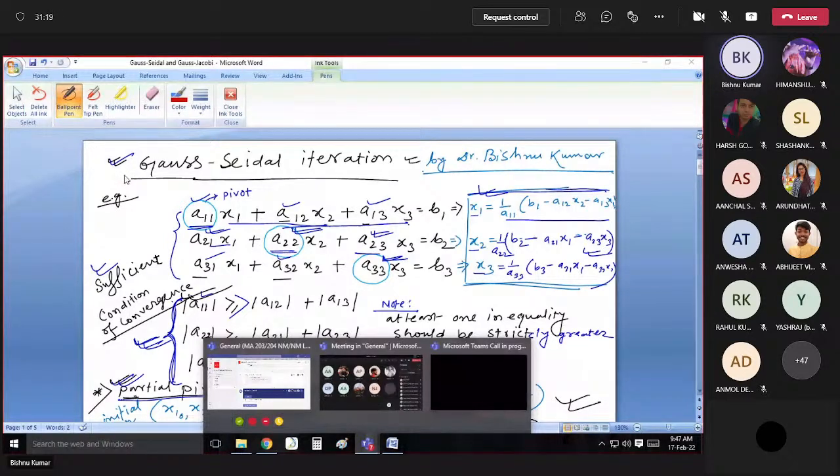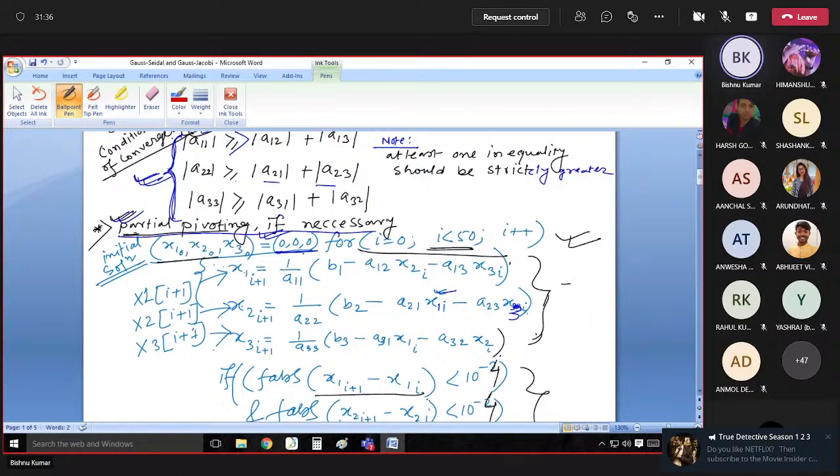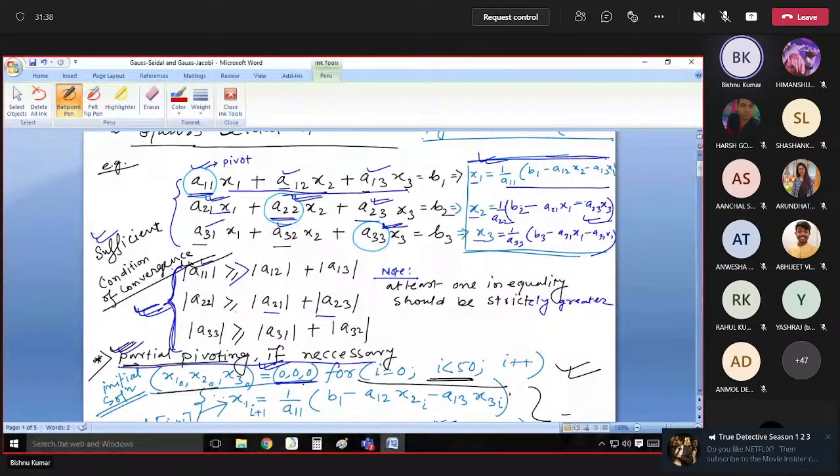Is it clear, students? Yes, sir. Then tell me, any other query you do have? Otherwise, actually, I told you in last class, this is the sufficient condition. Why not tell this is the necessary condition? That point is the scientific point actually.